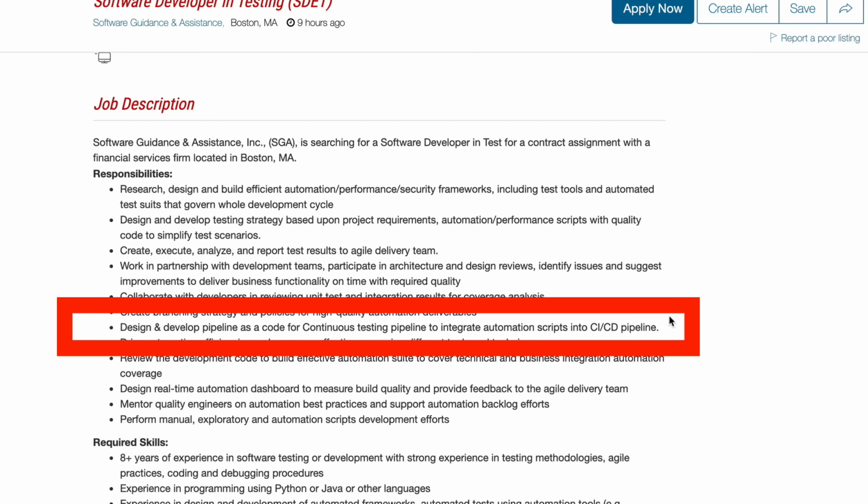So you needed to work with them to make sure that their application was able to be automated through a pipeline, not functionally, but just automated in general, to get it to a point where you could then start incorporating automation into your pipelines as well. So it's really high-level automation also, not just lower-level functional testing activities.